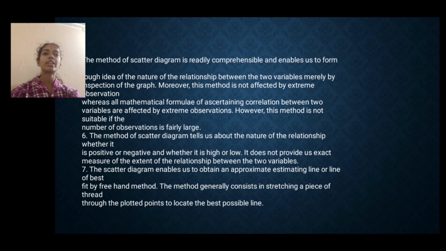The method of scatter diagram tells us about the nature of the relationship, whether positive or negative, whereas it does not tell whether it is high or low. It does not provide us an exact measure of the extent of relationship between two variables. The scatter diagram enables us to obtain an approximate estimating line. The line of best fit is drawn by the freehand method.